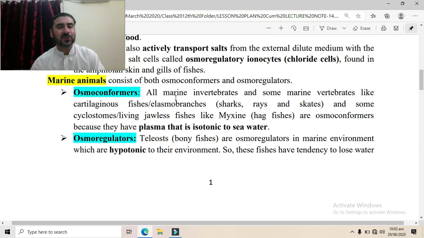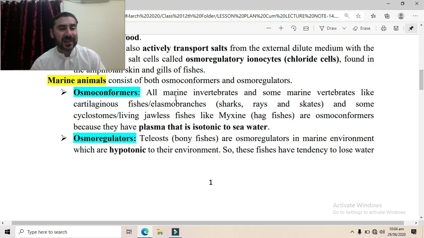Suppose these osmoconformers are in the marine water, which has a high amount of salt. If the salt concentration increases, what will happen? If the salt concentration increases in the seawater beyond the normal level, the external environment becomes more hypertonic. More salt is there as compared to the internal environment of these osmoconformer animals.